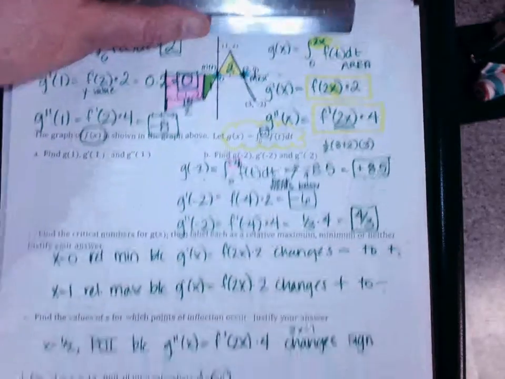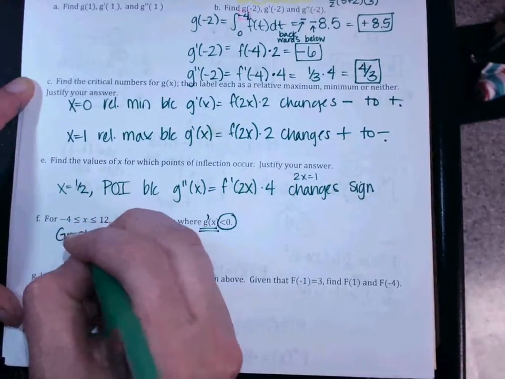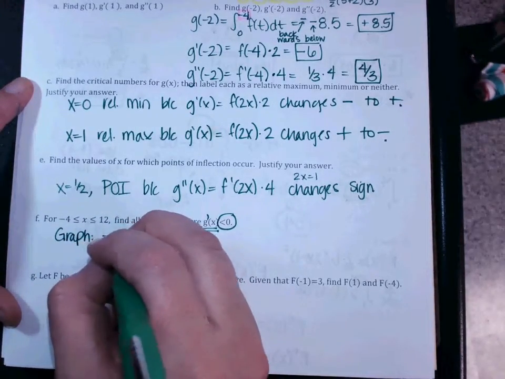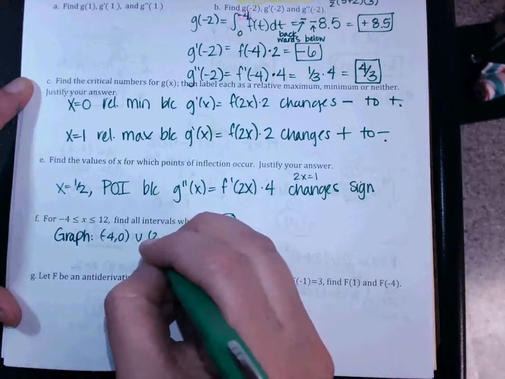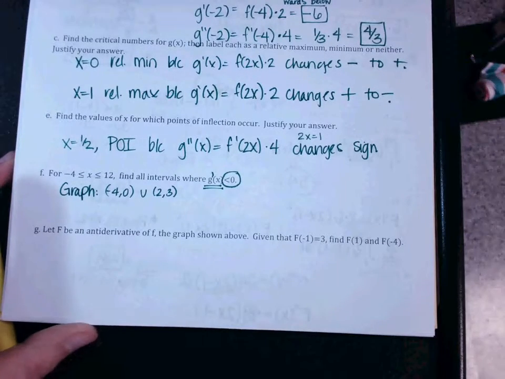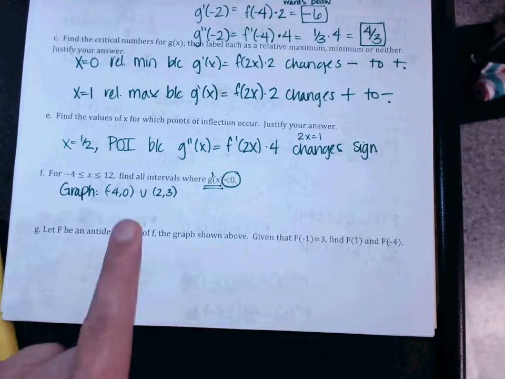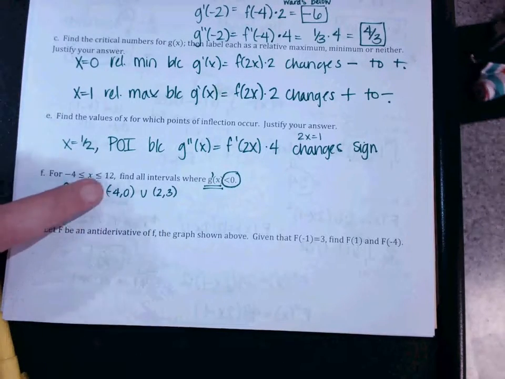So let's write down here on my graph. I have negative y values from -4 to 0 and from 2 to 3. Now, what is that forgetting about? The 2x. So the x's that I pick have to be half of each of these x's so that when I times it by 2, I get these numbers.